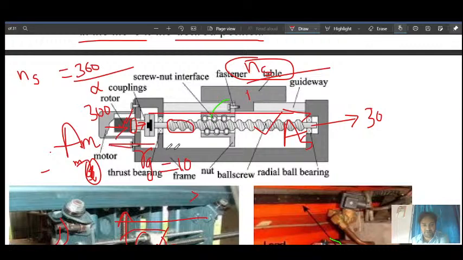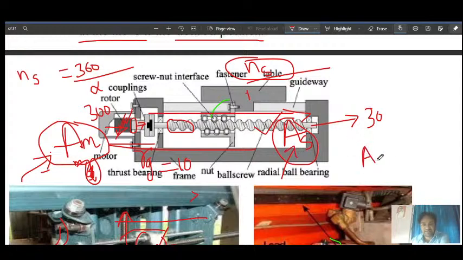The same way, AM is the angle rotated by the motor and AS is the angle rotated by the lead screw for the same pulse that causes the AM rotation of the motor. So again we have this ratio, AS is equal to AM divided by Rg, the gear ratio. I hope it is clear.